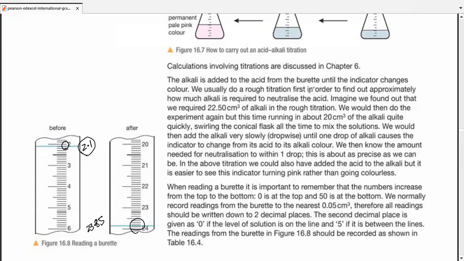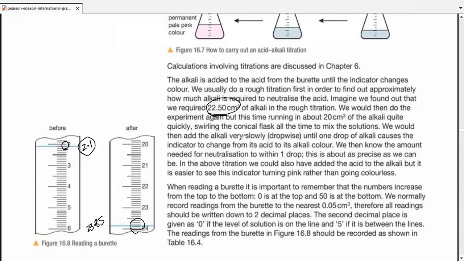We usually do a rough titration first in order to find out approximately how much alkali is required to neutralize the acid. Imagine we found out that we require roughly 22.50 cubic centimeter of alkali in the rough titration. We would then do an experiment again, but this time running in about 20 cubic centimeter of alkali quite quickly, swirling the conical flask all the time to mix the solutions.